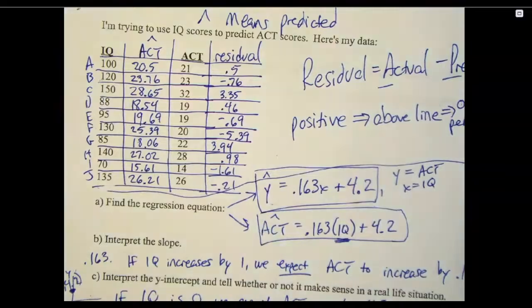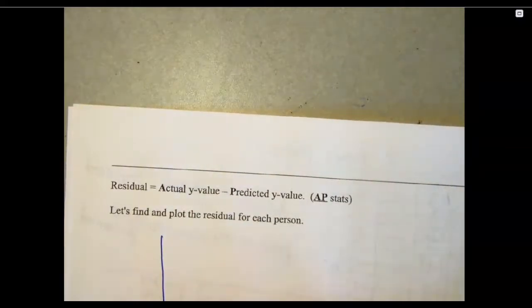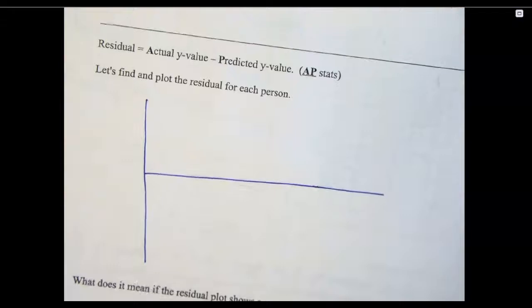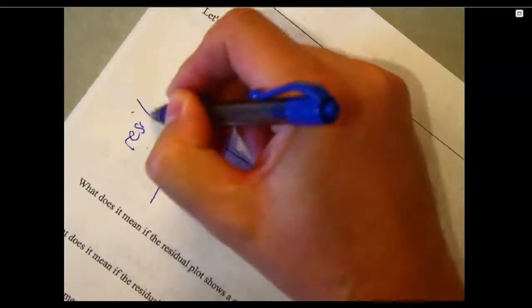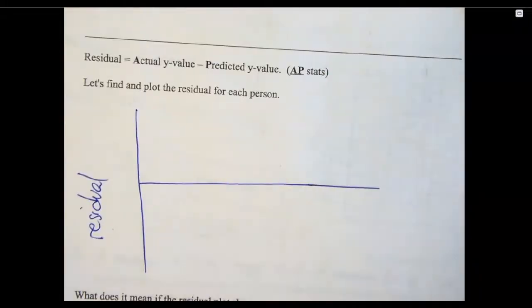Okay. Now we're going to make another chart. Go to the back page and make a chart that looks like that. You're going to put residual on the y-axis, and we're going to put our x value on the x-axis. What's our x value? What's our x context?